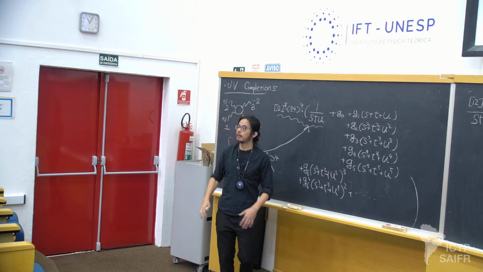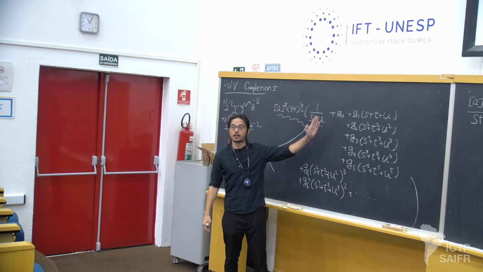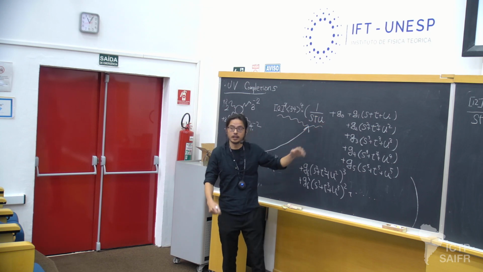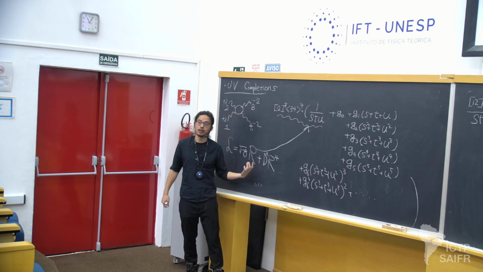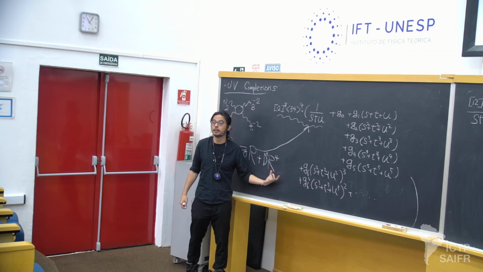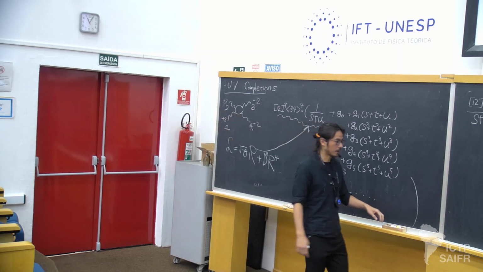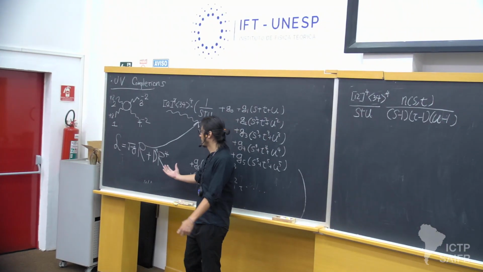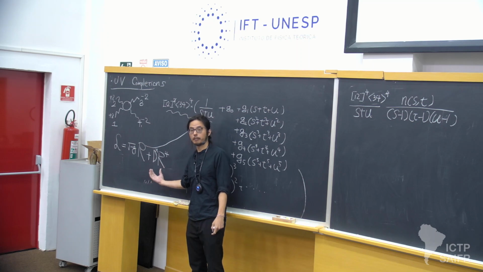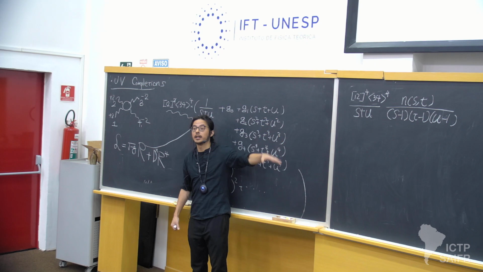So the fact that your amplitude is not fixed at all beyond the leading term is reflected in the fact that in your Lagrangian you can just write down arbitrary terms, what we call higher dimension operators, and you have this degree of freedom of writing them. Through Marcus's talk, you know that having these higher dimension operators is a reflection that you have another UV theory, some UV theory with some cutoff at high energy.